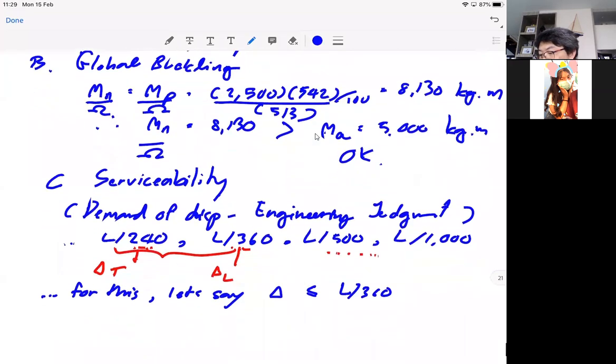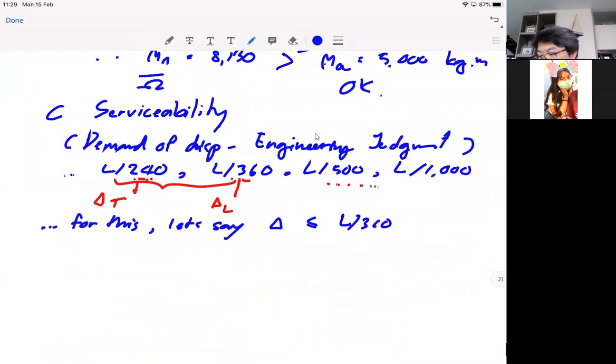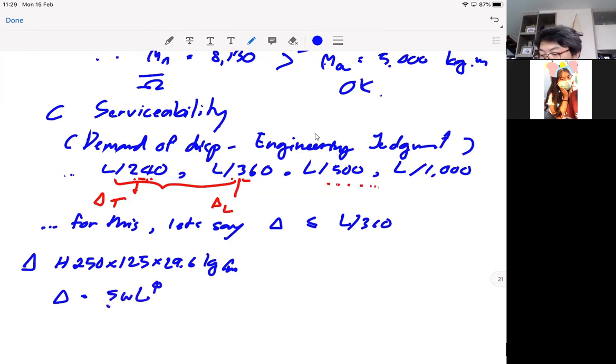Now you can calculate the displacement for H250 by 125 by 29.6 kilogram per meter. That's the displacement for the uniform load. You guys should remember this by now. It's 5WL to the power 4 divided by 384 EI.